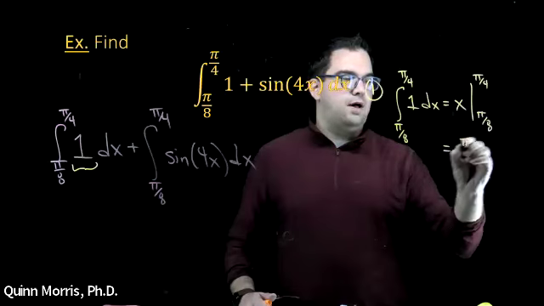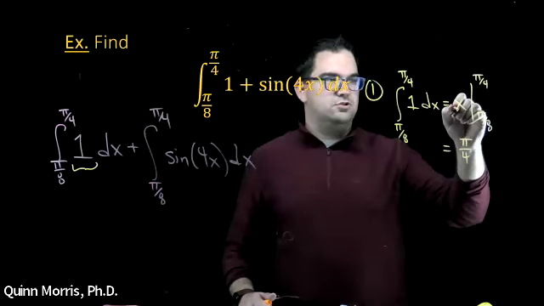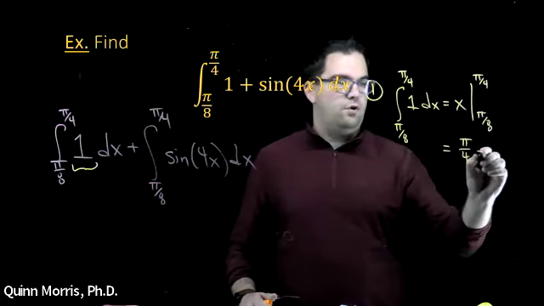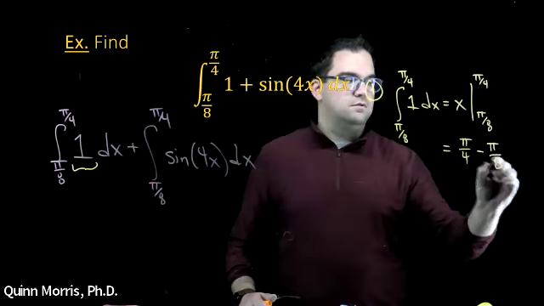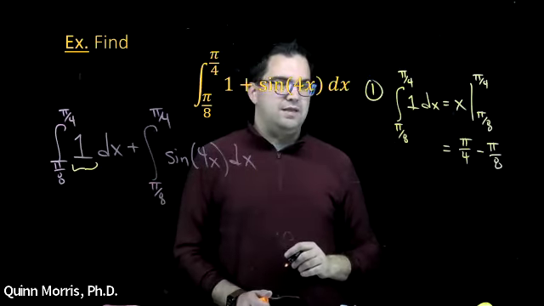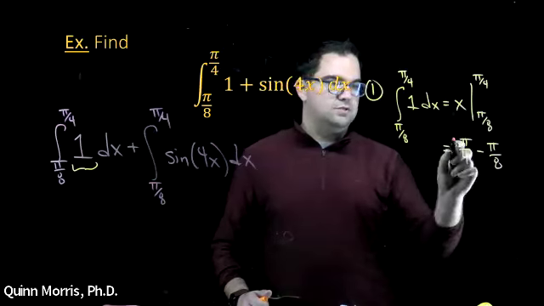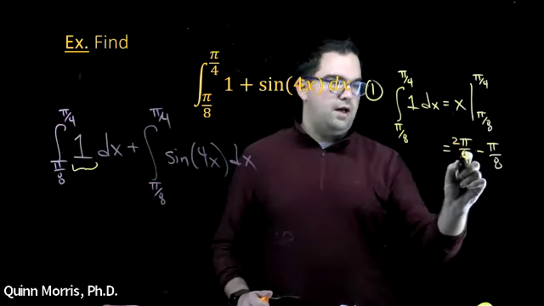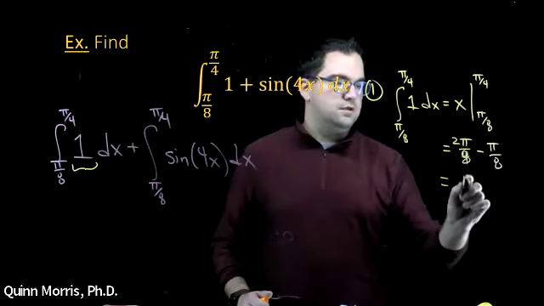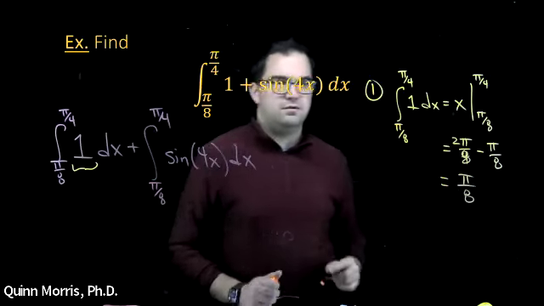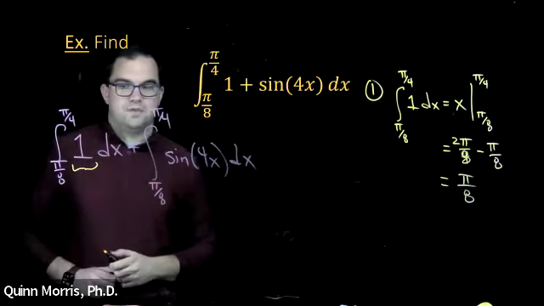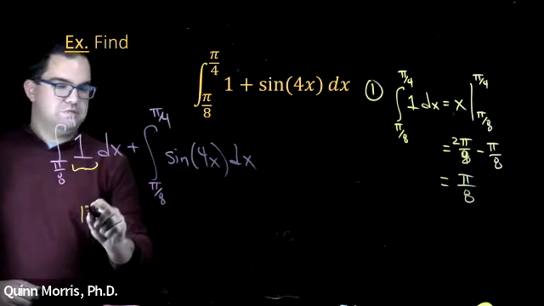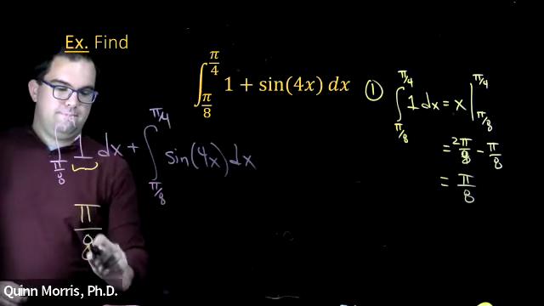When I evaluate the function x at pi over 4, I get pi over 4 minus the value at pi over 8. Pi over 4 is the same as 2 pi over 8, so I'm just left with pi over 8. So this first integral is equal to pi over 8.